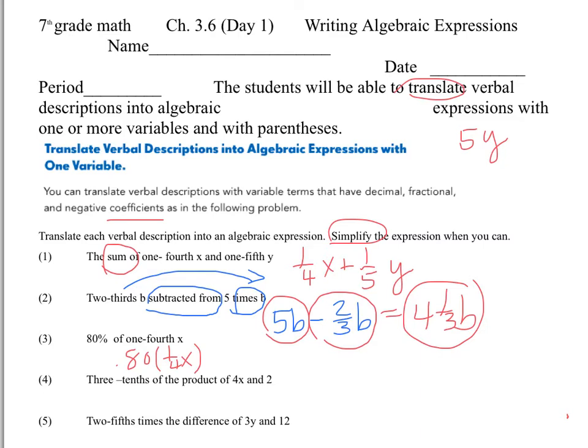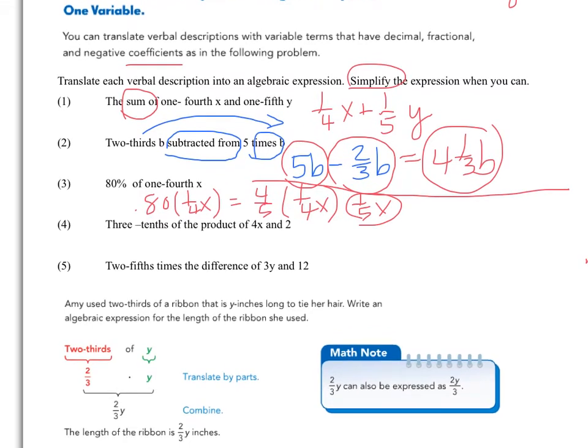So we do 4/5 times the quantity 1/4 x. All right, so that's going to give me 1/5 x as our answer when we reduce. So I'll put an equal sign right there.